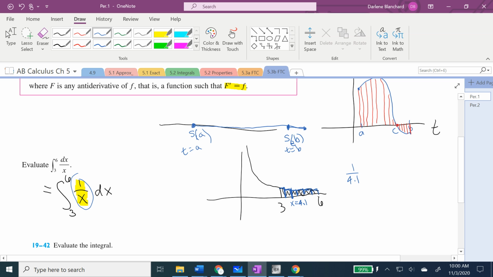And then I'm picking 4.1 because it's a random number, completely random. And so let's say that temporarily we're looking at that specific x-coordinate. I plug it into the function to get the height. And then I am multiplying by some width. That width is that differential dx.